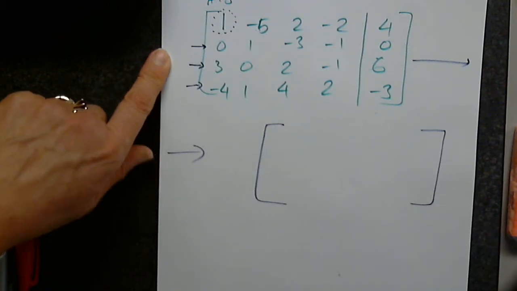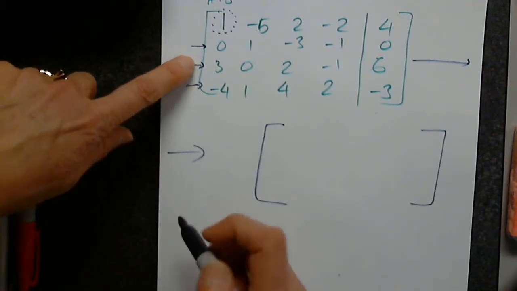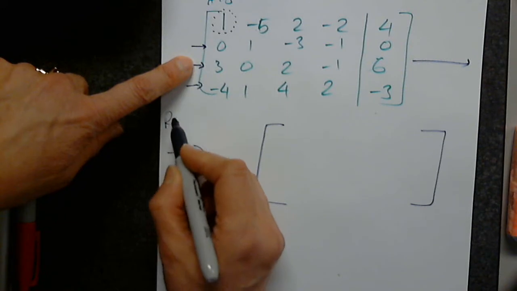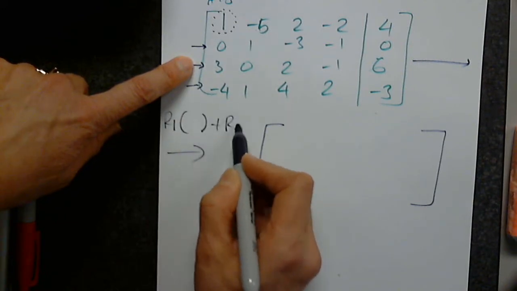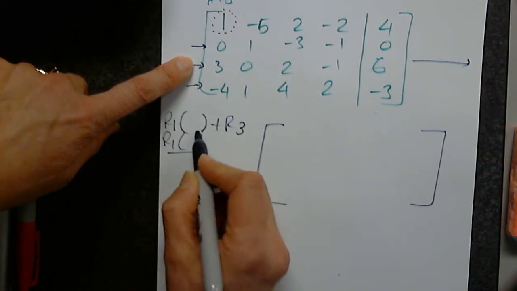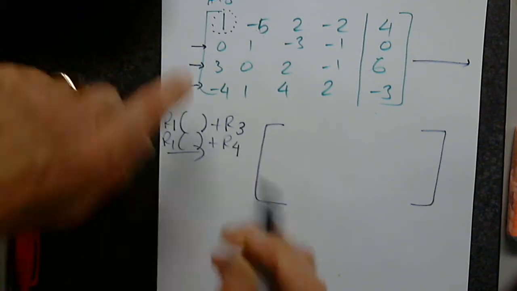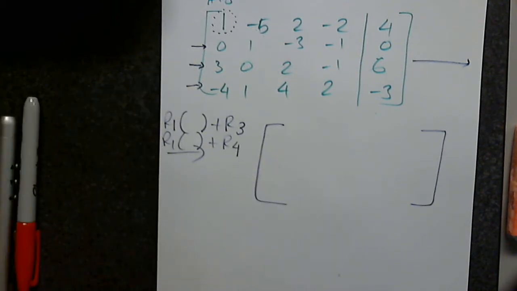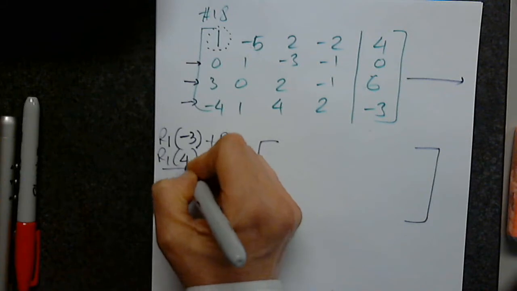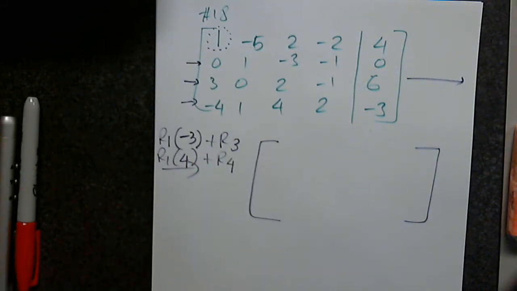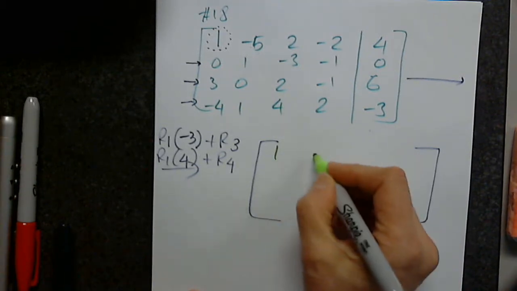Which row am I using? 1. So R1 multiplied by something and added to R3, and R1 multiplied by something else and added to R4. -3 and 4. Very good. Awesome. Which rows do I copy untouched? First and second.